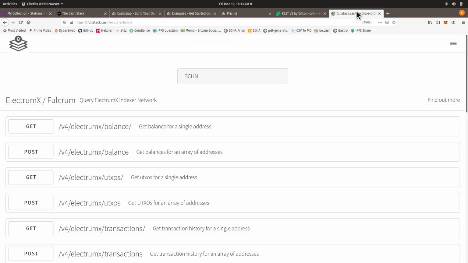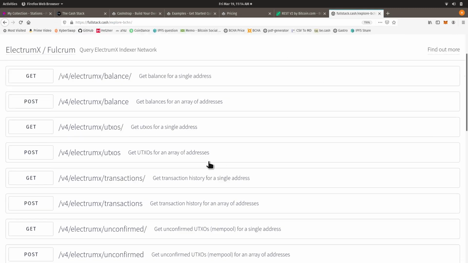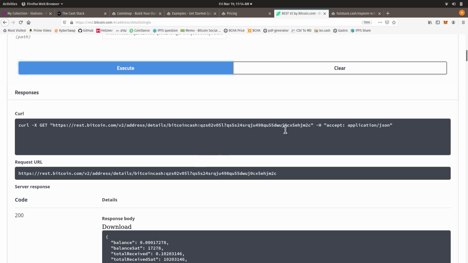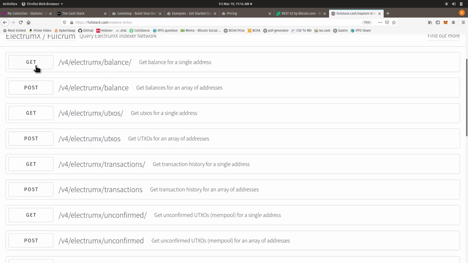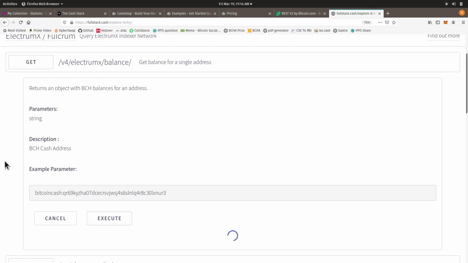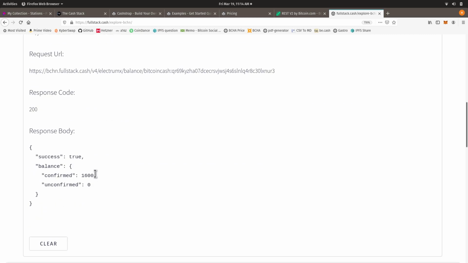FullStack.cash has a similar user interface at /explore-bchn, and it's very similar. Like here, where I got the balance of an address, we have a Fulcrum Electrum X indexer, and it does roughly the same thing, where you can give it a Bitcoin Cash address, and then get the confirmed and unconfirmed balances of Bitcoin Cash for that address.